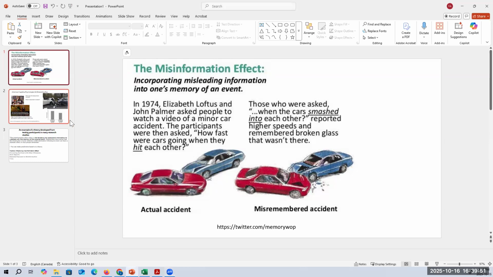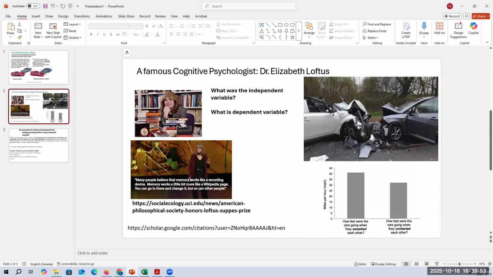But what you can see from this figure, so this is an actual car. It is a question of ecological or external validity whether this experiment would apply to eyewitnesses, people who had actually experienced a car accident. So here you have: how fast were the cars going when they smashed into each other, how fast were the cars going when they contacted each other. And you can see that when the wording was changed from contacted to smashed, a higher speed estimate was reported.